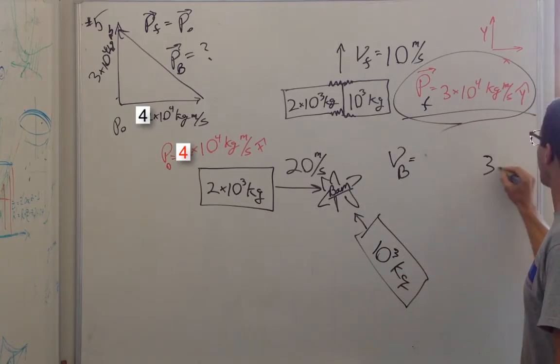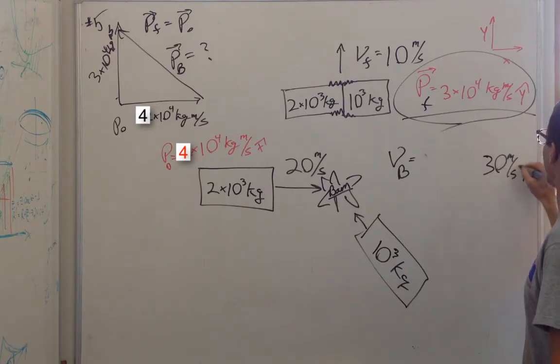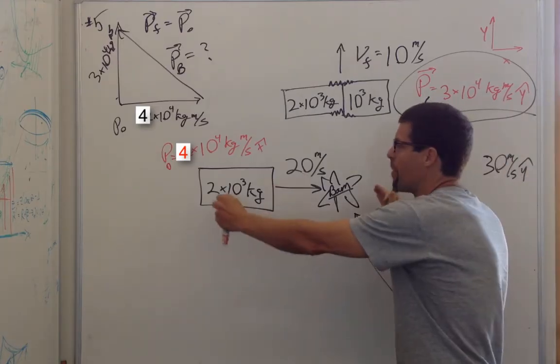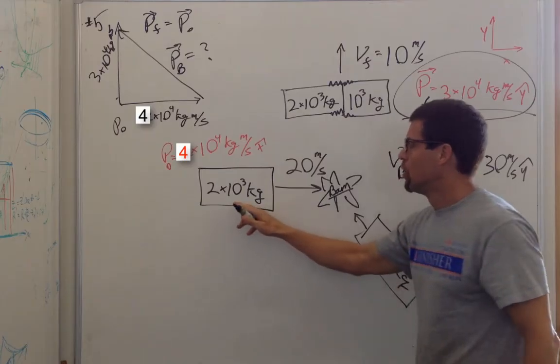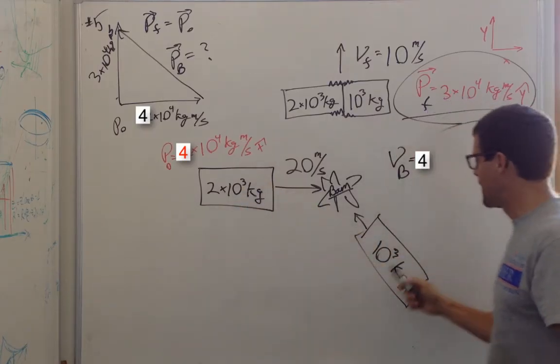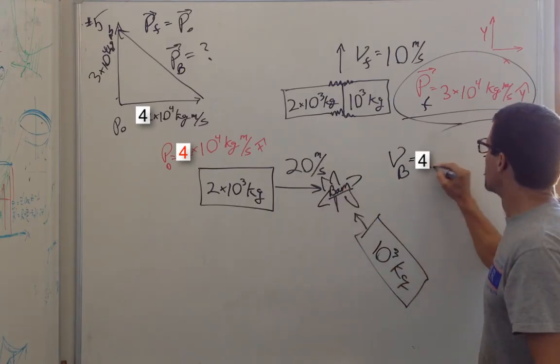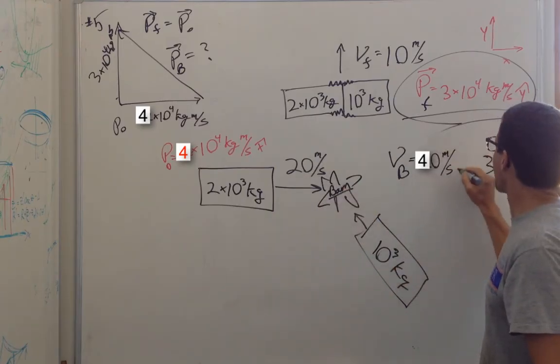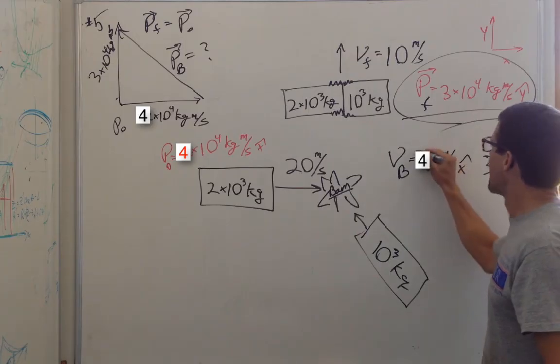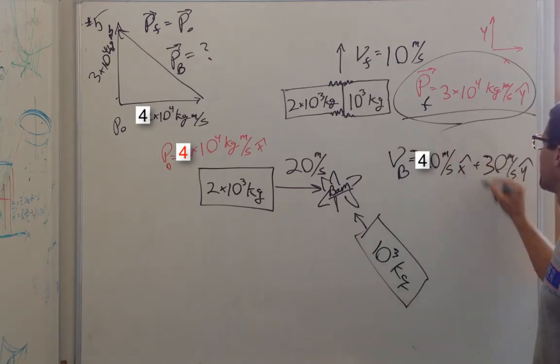So this must be 30 meters per second in the y direction. All of the momentum needed to neutralize this momentum had to come from a 1,000 kilogram car. So this must be 20 meters per second in the negative x direction.